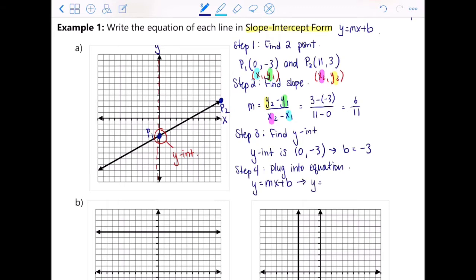So y equals, sub in the slope, which is 6/11 x, and then we add the b here, so -3. Either this, or we can say y = 6/11x - 3. You can drop the positive sign if you're adding a negative number.